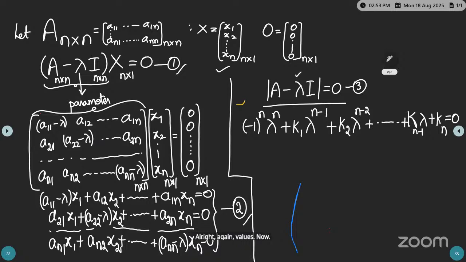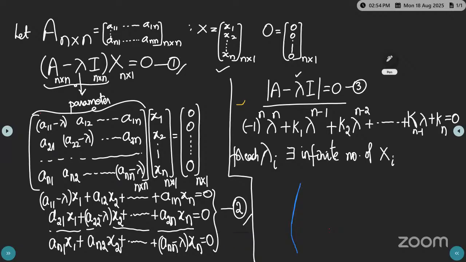Now for each eigenvalue lambda i, there exists infinite number of xi values.